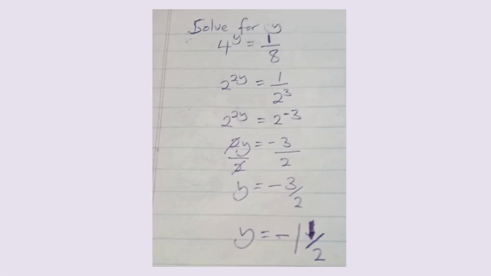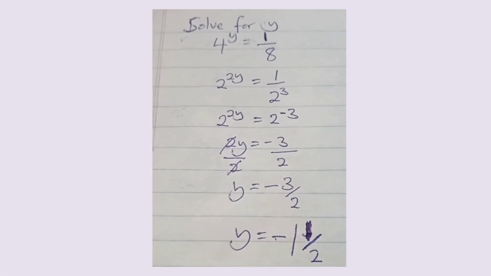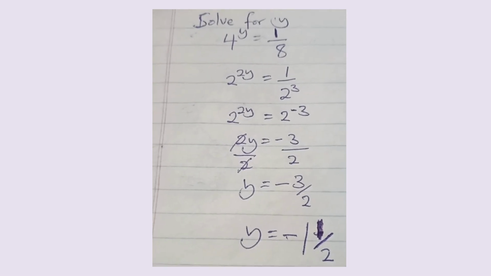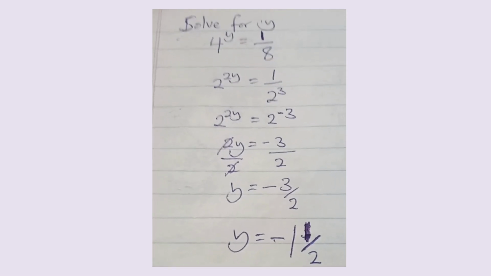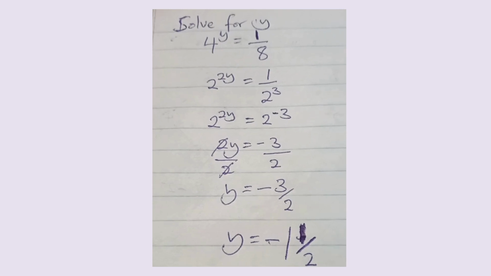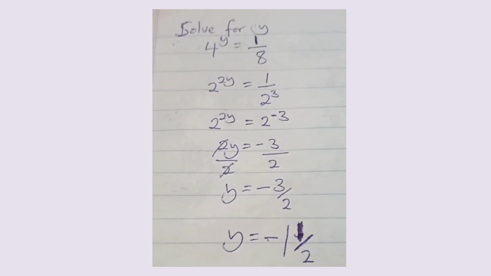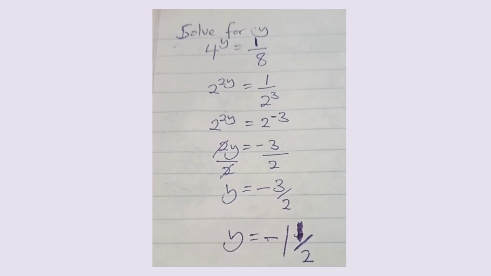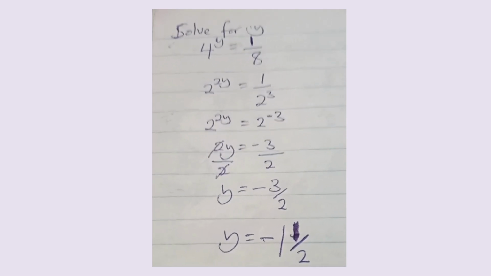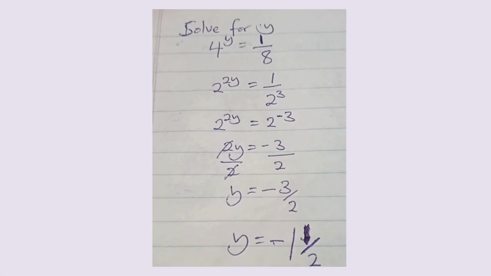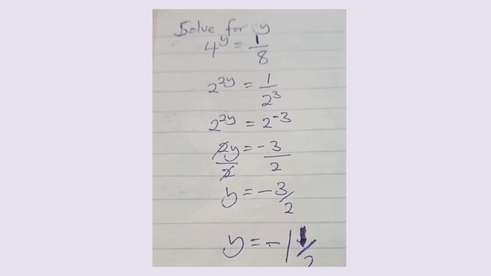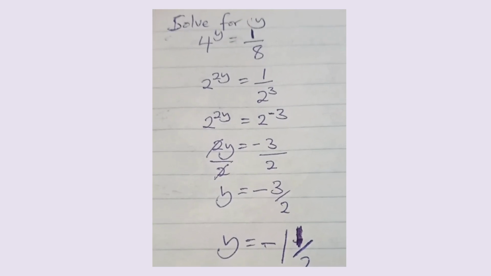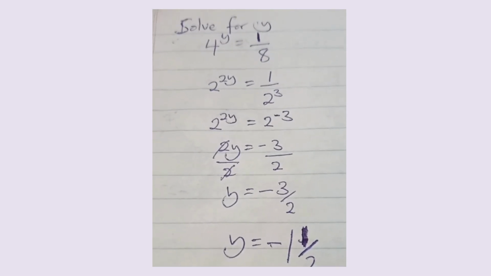Now, per the laws of indices, when you have 1 over 2 to the power 3 like this, we need to bring it up, so that we make it linear and will be able to solve for y. Here 2 to the power 3 is positive, but when we bring it up, it becomes negative.